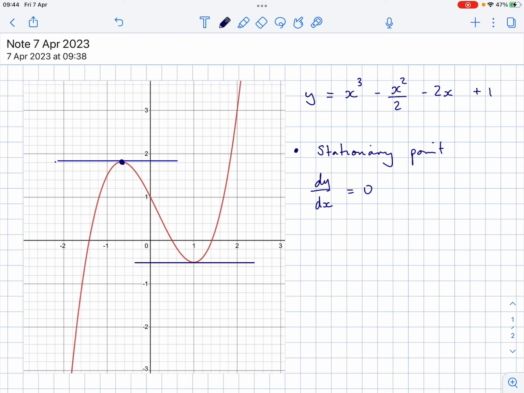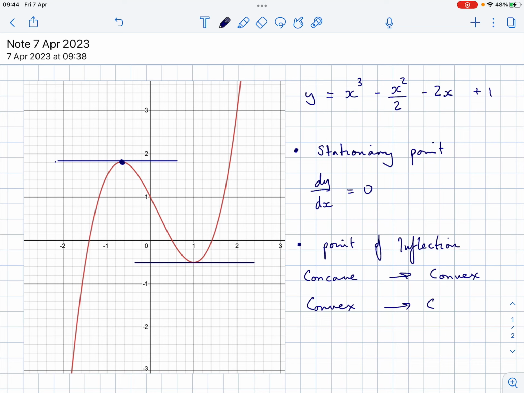Now, a point of inflection happens when the graph changes from being concave to convex, or the other way around.